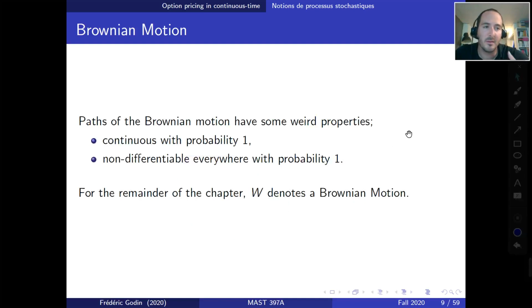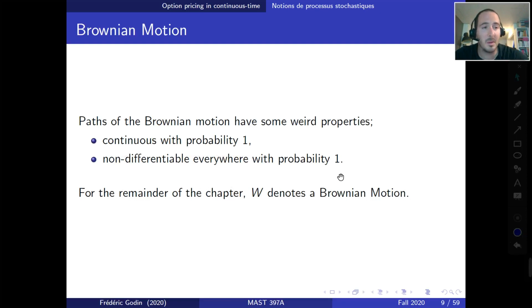If you do more advanced probability classes and study more in depth the properties of the Brownian motion, you will learn that from the definition, paths must be continuous with probability 1. But the weird part is that they're non-differentiable everywhere with probability 1.